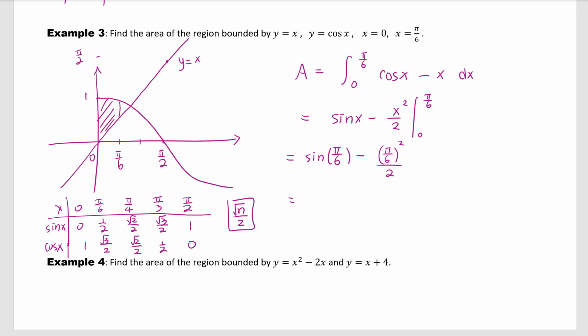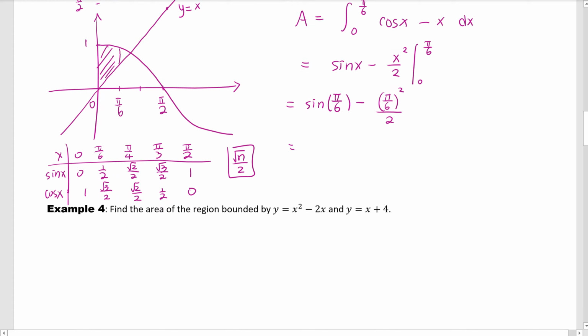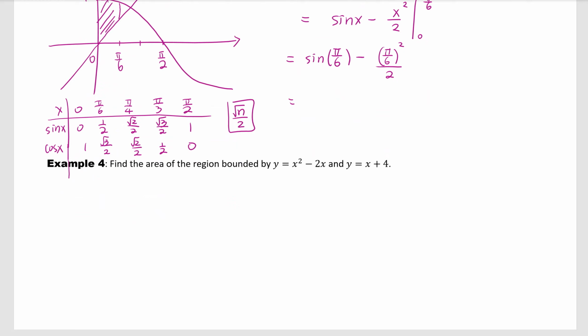Furthermore, you can continue with tangent, cotangent, secant, and cosecant. Do we have enough space here? Okay, we can continue.